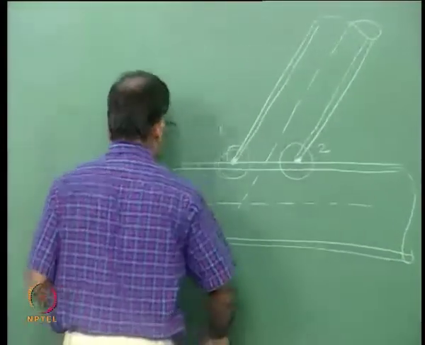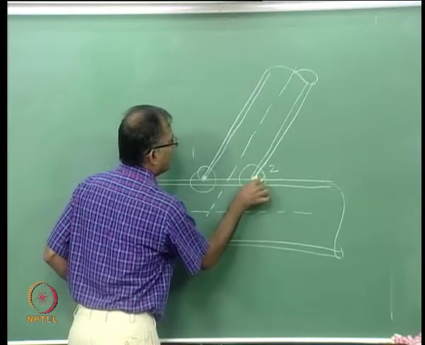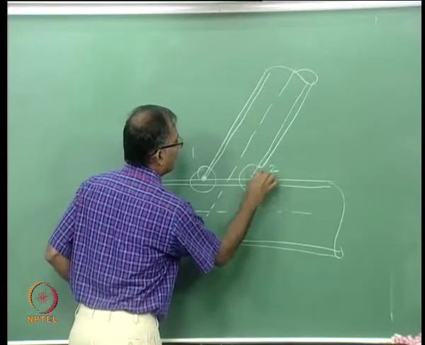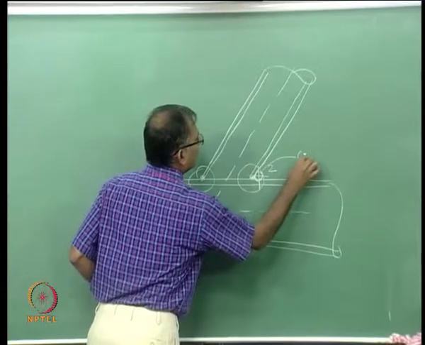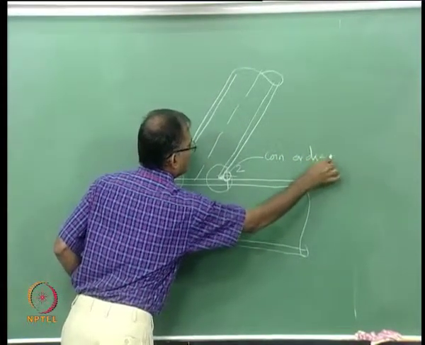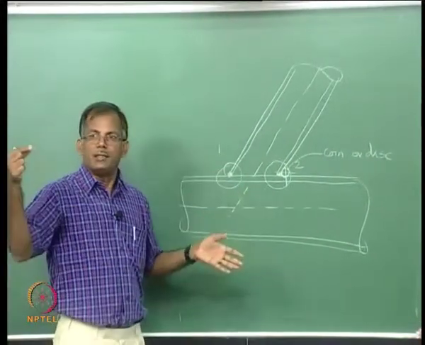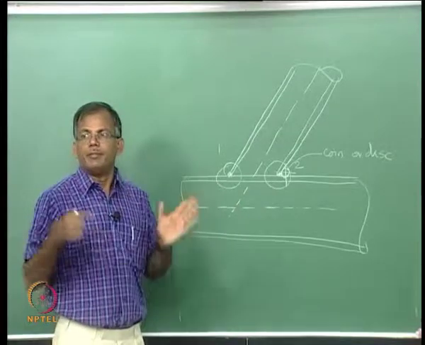we actually fit, after profiling, we actually place, you see here, this is a coin or disc. For a given weld profile, after grinding you take the disc number 5, you just fit it in.